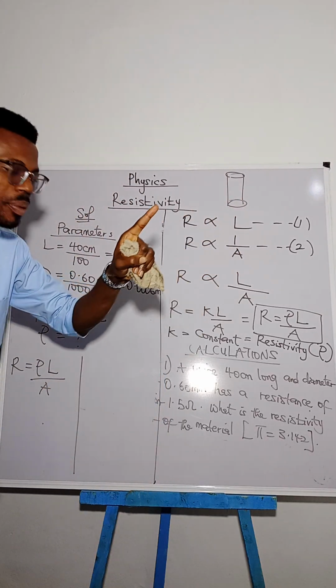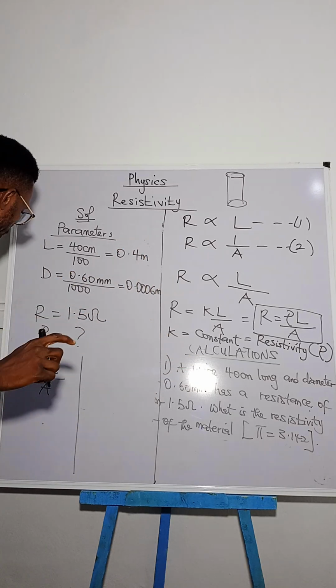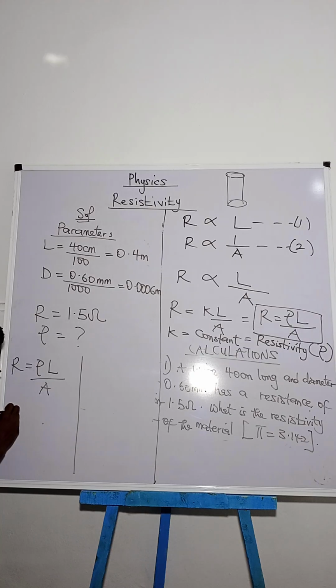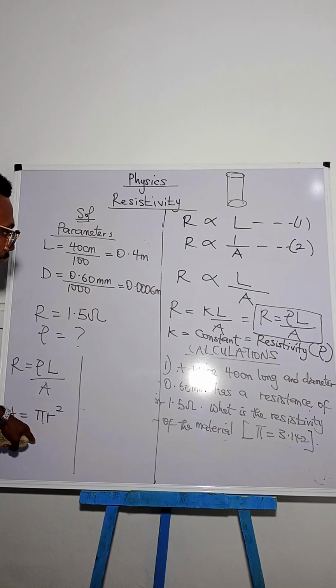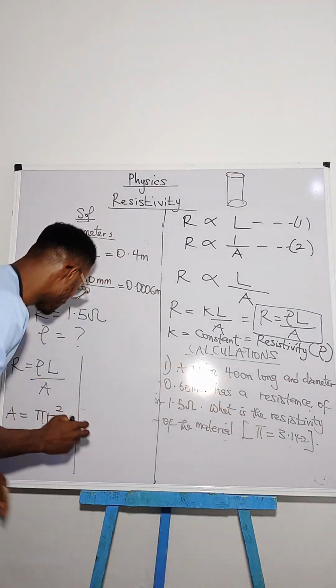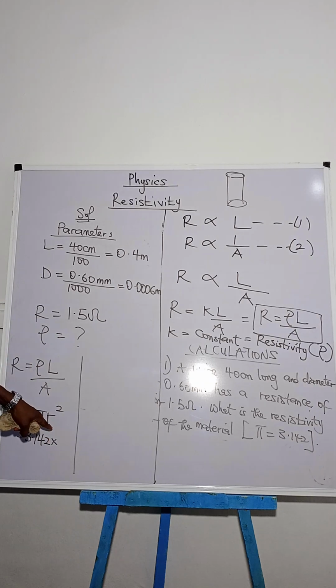What is the area of a circle? Pi r squared. So I can say A is equal to pi r squared. Now, what is my pi? We are told to take pi as 3.142.